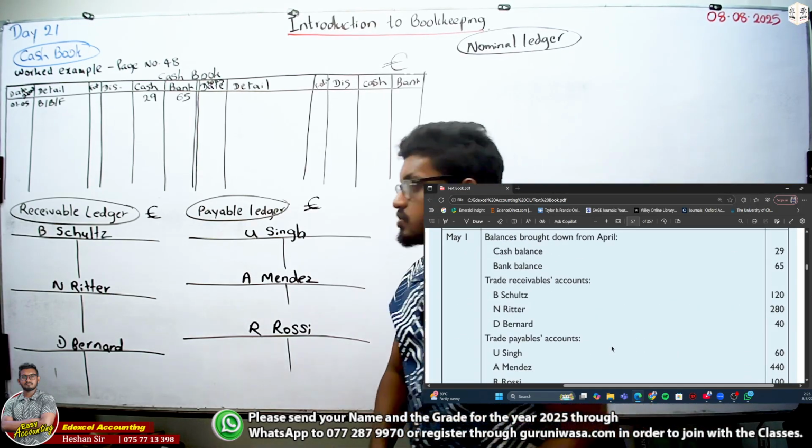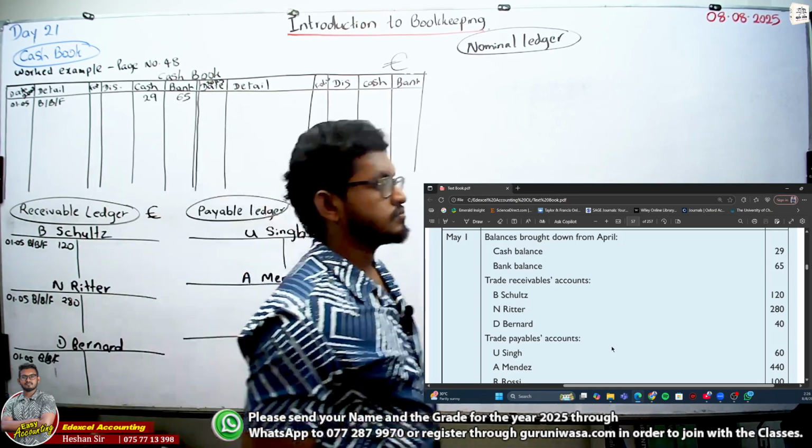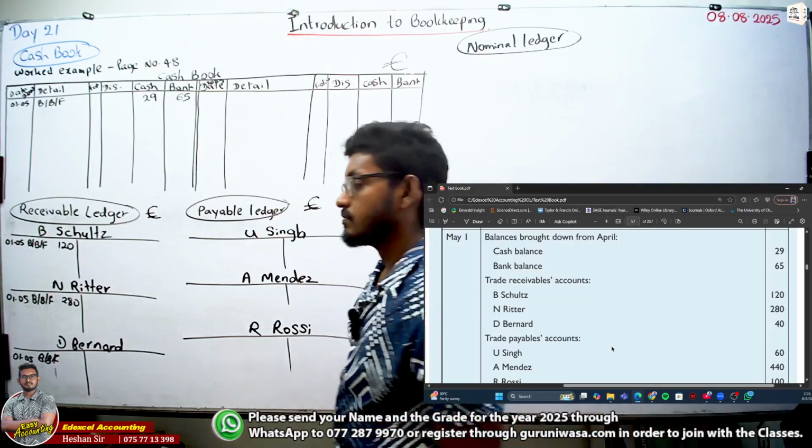So then the other thing, trade receivables. Since receivables are assets, in here it comes to here. Balance brought forward 120. You can write BBD as well, it's okay, fine. 280. In here you can see 40.